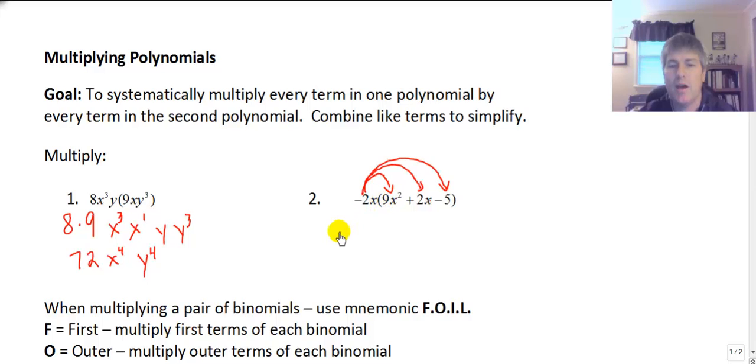Negative 2 times 9 is negative 18. And applying our laws of exponents, we get x cubed when we multiply by the first term. The second term, negative 2 times 2, negative 4, and x times x, so negative 4x squared. And then finally, negative 2x times negative 5, negative 2 times negative 5, we get a positive 10x.